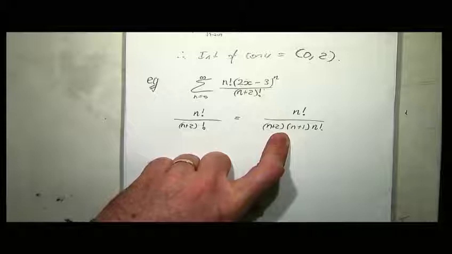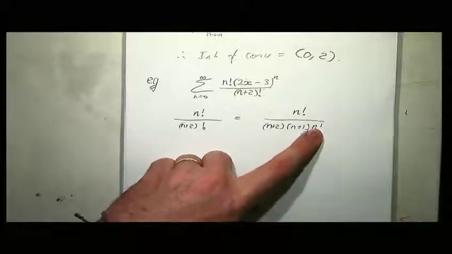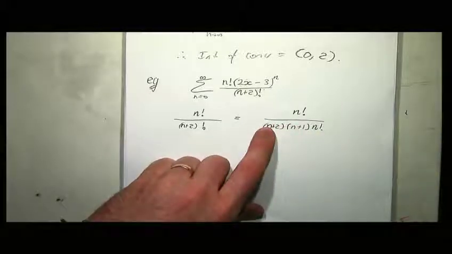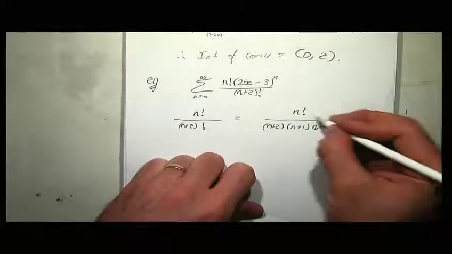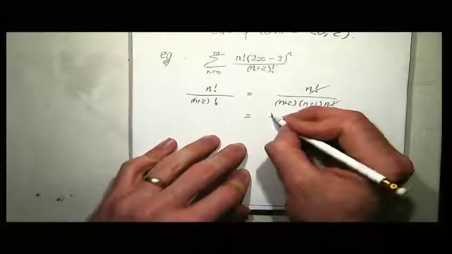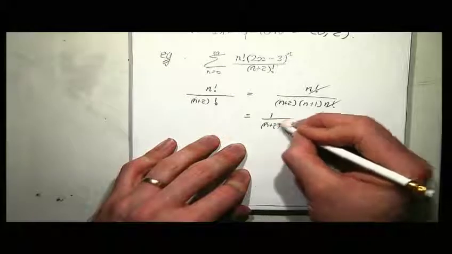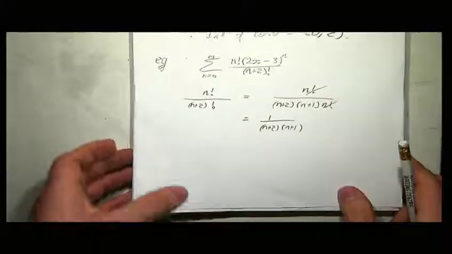So to get n plus 2 factorial, I have to do all of n factorial and then times by n plus 1 and then times by n plus 2. And then these cancel each other out. Yay!